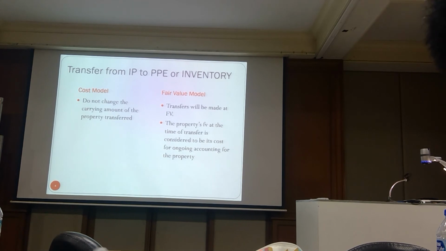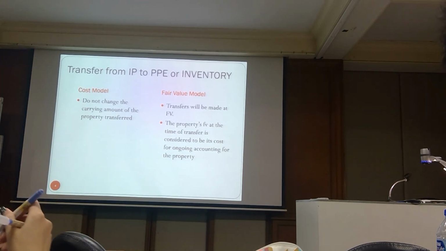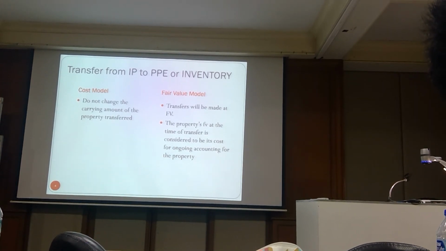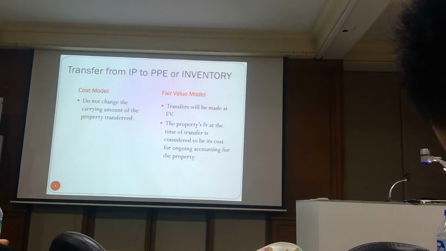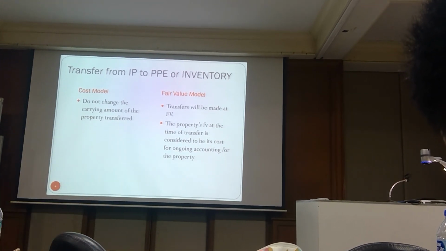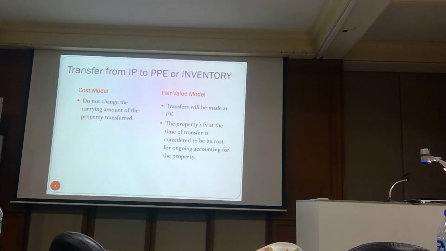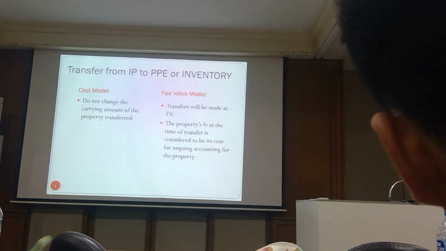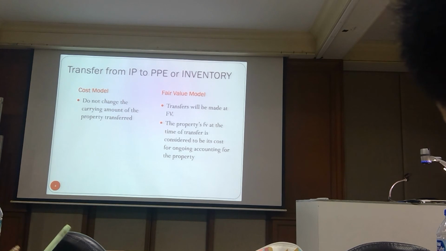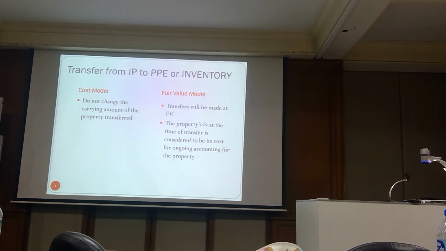This means what? The gain or loss that you just marked to market is recognized already. You transfer, and the property's fair value is considered to be the new cost of that property, and you start depreciation afterwards. Clear? So for example, very easy: when we build investment property at 100, it's marked to market to 80.